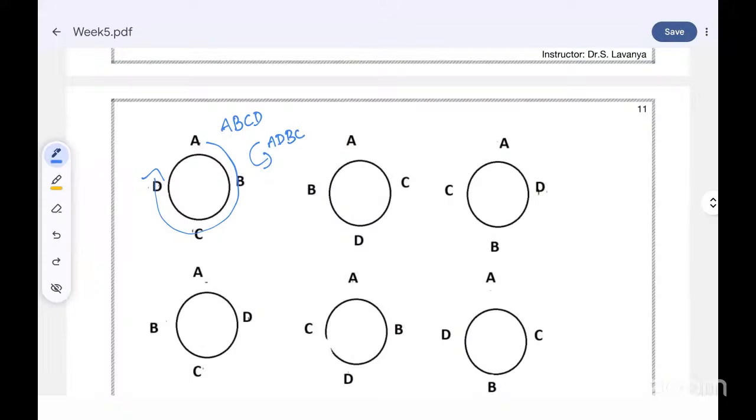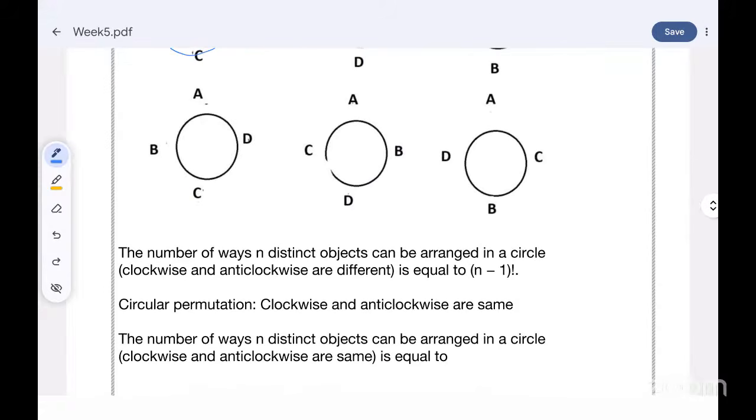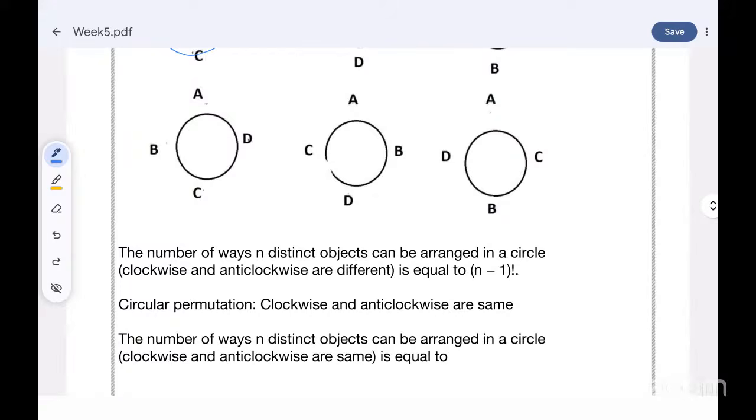They are not same. So in that case, when clockwise and anti-clockwise are different, it is n minus 1 factorial.